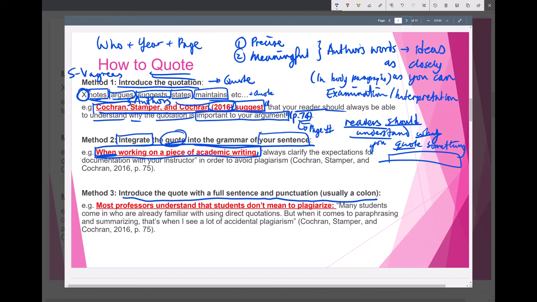Well, we should do something. Well, these three authors, Cochrane, Stamper, and Cochrane again, in the same article, 2016, on a different page, page 75, they said something else. They said, always clarify the expectations for documentation with your instructor. And then there's more, in order to avoid plagiarism.